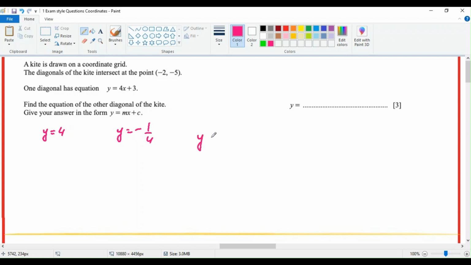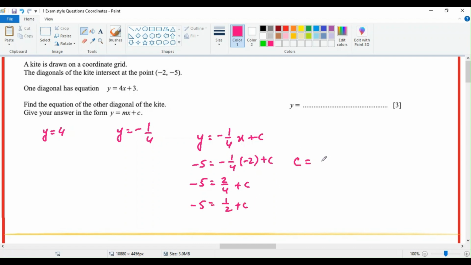Let's see how much the y-intercept is. y equals negative 1 over 4 x plus c. So we are taking the point (-2, -5): minus 5 equals negative 1 over 4 times negative 2, plus c. That's going to give us the y-intercept. So minus 5 equals 2 over 4 plus c. That means minus 5 equals 1 over 2 plus c.